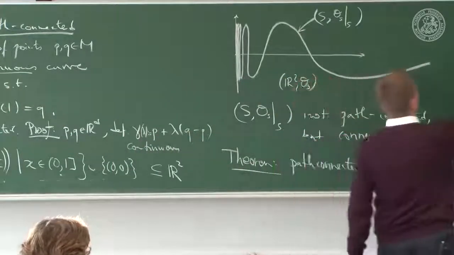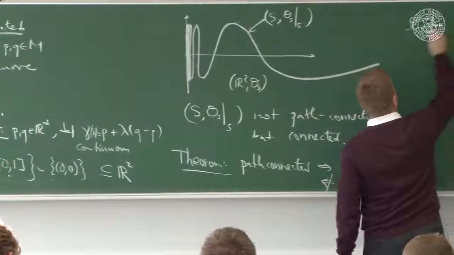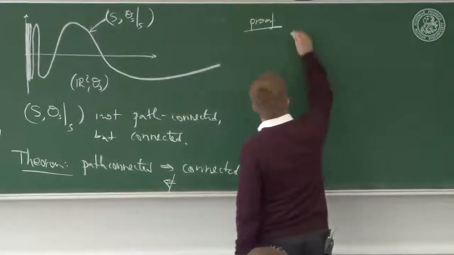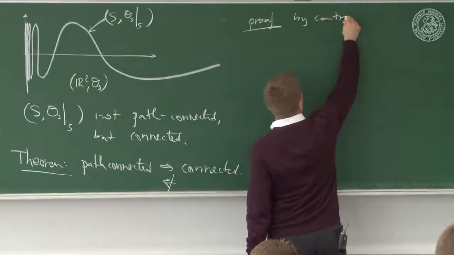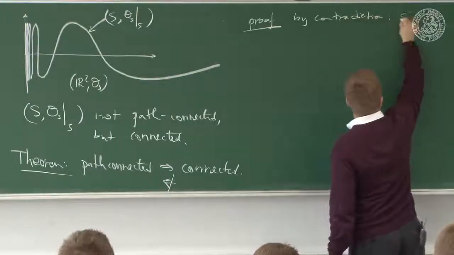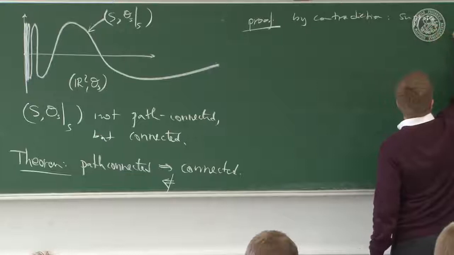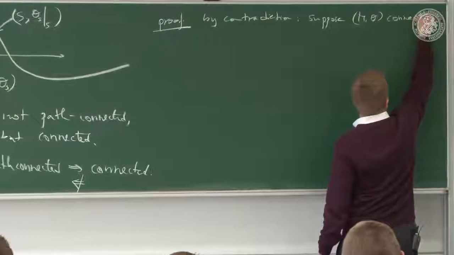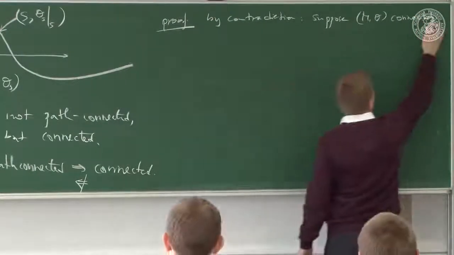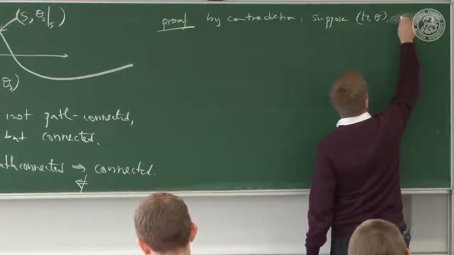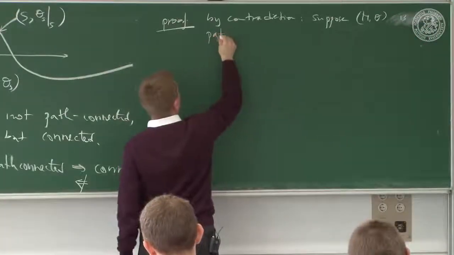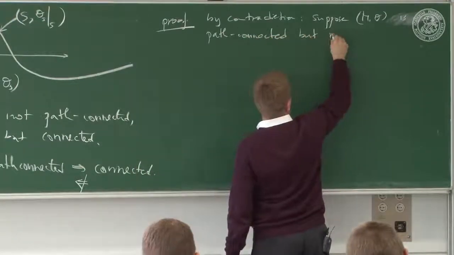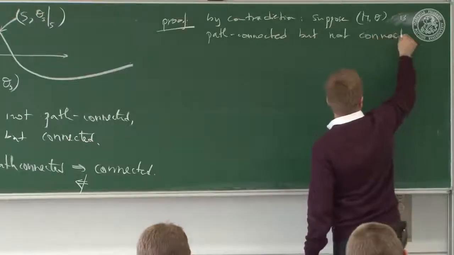So let's try to prove this. By contradiction, suppose the space (M, O) is path connected without being connected.